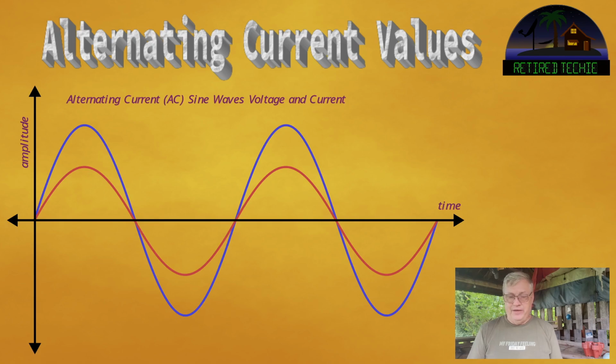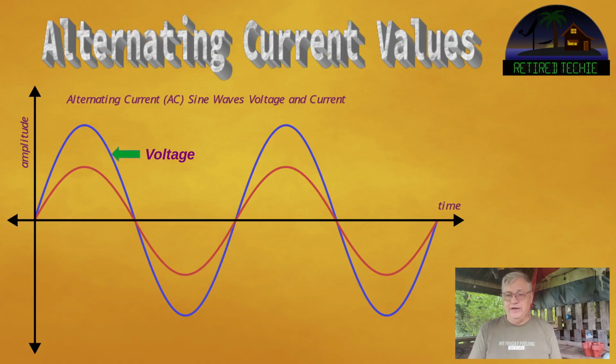We go from zero to high positive, back to zero, then to the low negative, then back to zero. That's one cycle. The frequency of your AC is how many times this occurs in a second. In the US, standard frequency is 60 hertz. Some European countries, 50 hertz.